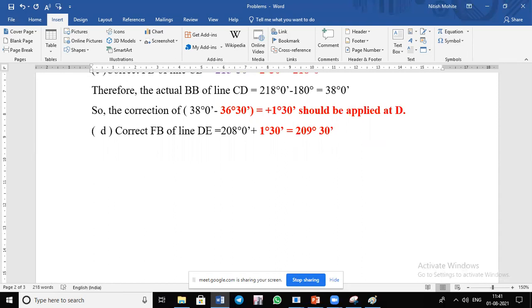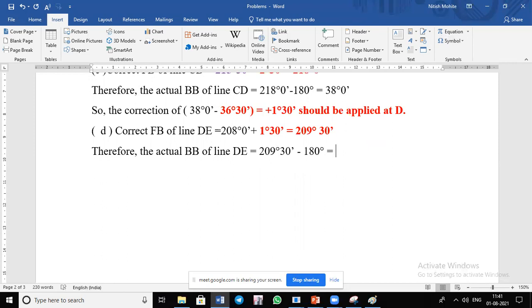After that, again we will calculate the actual back bearing of line DE. So it should be how much? This 209 degree 30 minutes minus 180 degree.